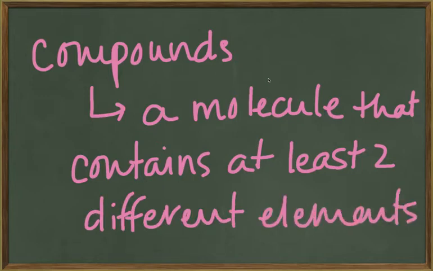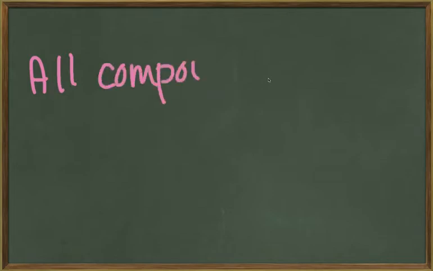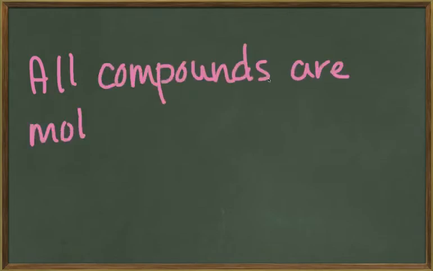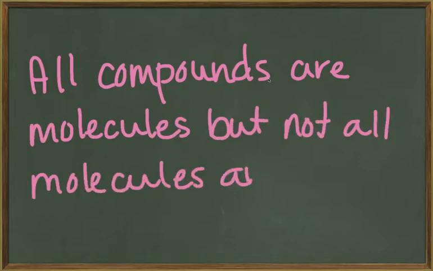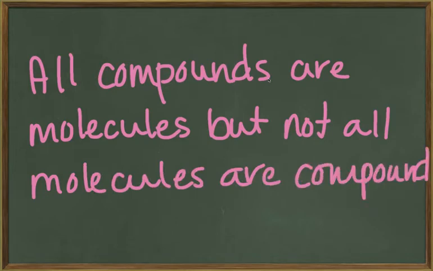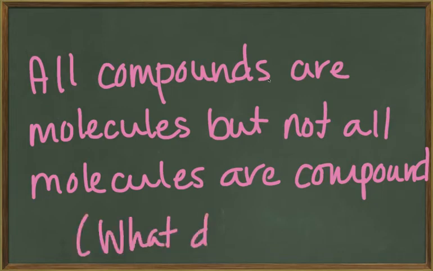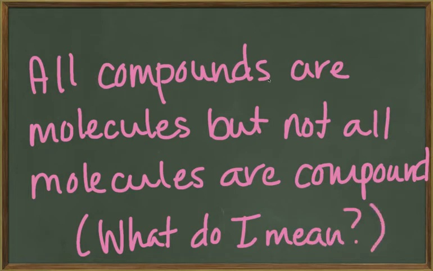The way I want you to think about this as you process what a molecule and a compound is, think about this statement, and I'll talk about it in class. All compounds are molecules, but not all molecules are compounds. And there's an S on there if you can see it. And this is where I want you to think, what do I mean? Think of the two different definitions and come up with some idea of what I mean.